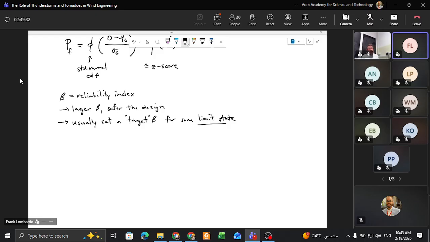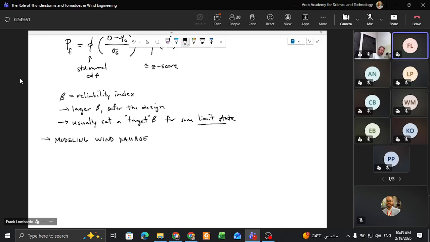Now we're going to take that concept and use it to model damage. So, modeling wind damage.